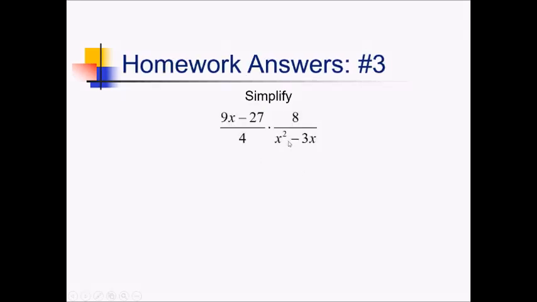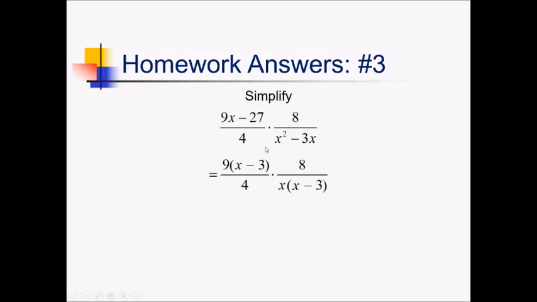Before I multiply together these rational expressions, let me first factor and cancel whatever I can. So the 4 and the 8 obviously can't do anything there, but the 9x minus 27, we can take a 9 out of that expression. That leaves me with an x minus 3. And for this lower right expression, we can take out an x, leaving me with an x minus 3 there as well.